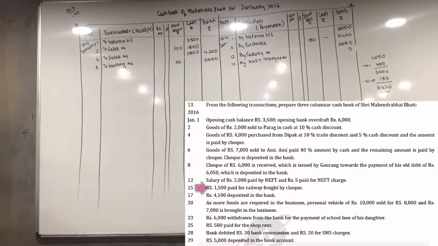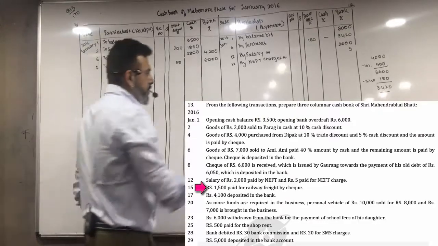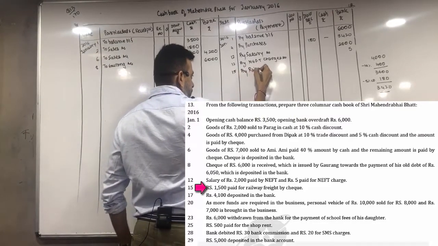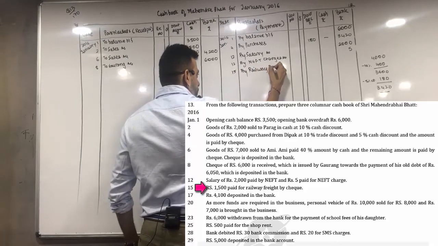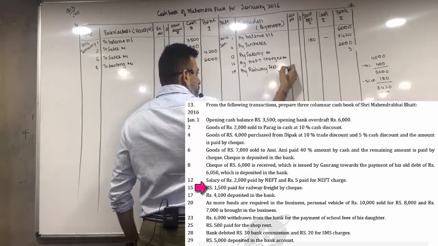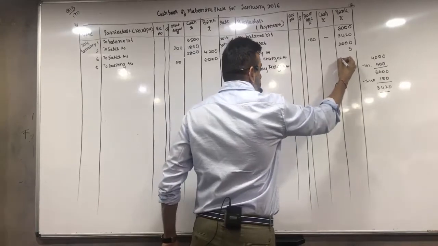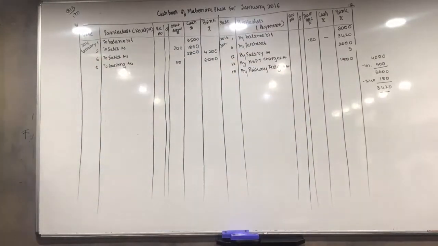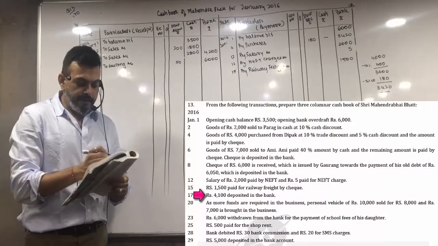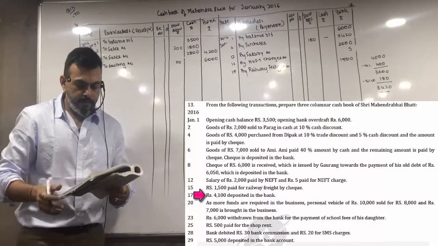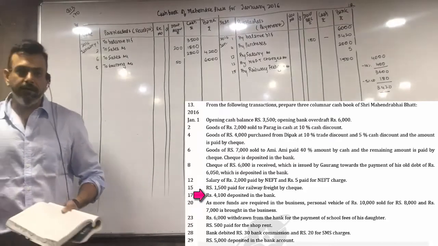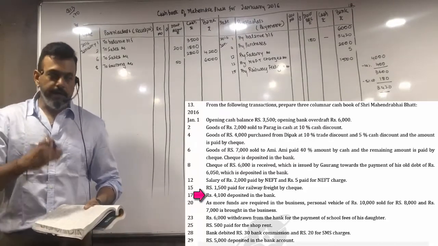Next, 1,500 paid for railway freight by check. By railway freight. Then 4,100 deposited in the bank. So bank balance increased.